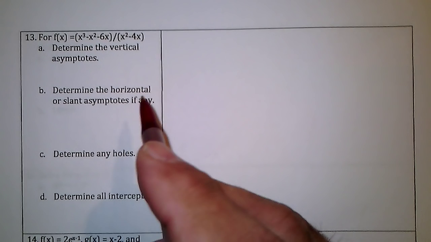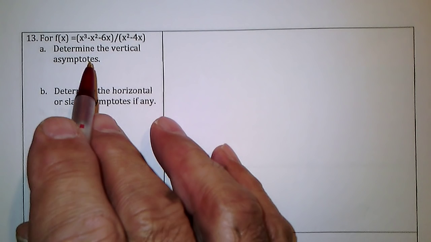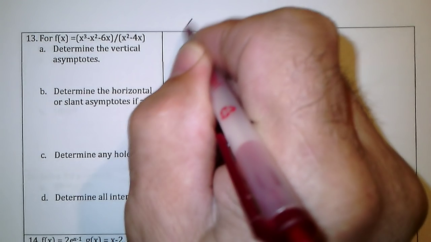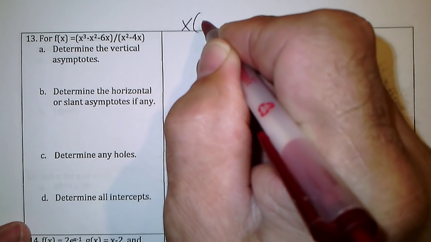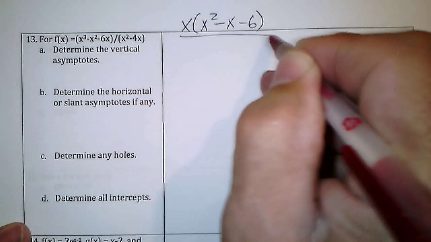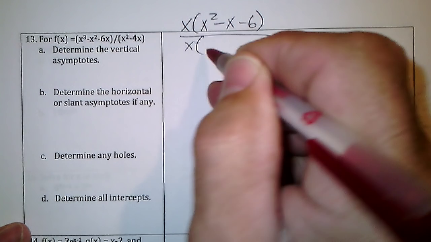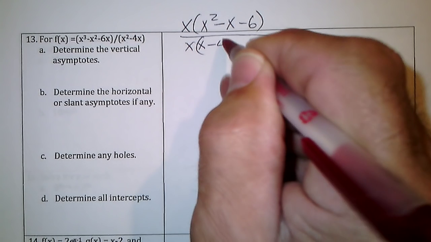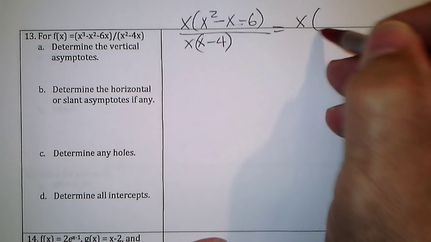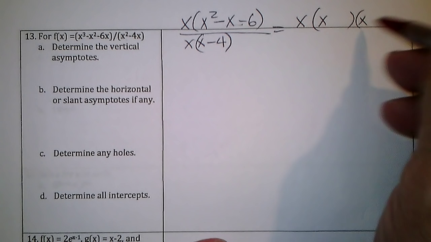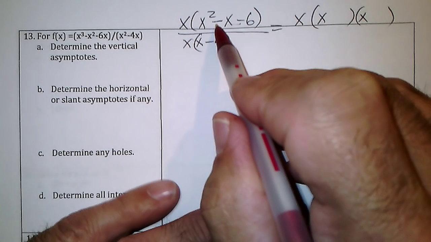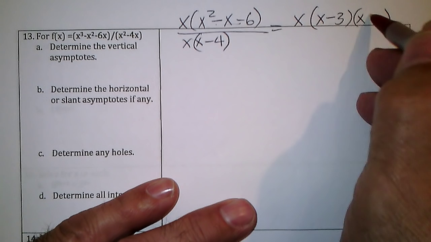Now we're going to determine the vertical asymptotes. So first of all, we need to factor this. There's an x in the numerator, so this would be x times x squared minus x minus 6 over an x in that, and that would be x minus 4. And this should factor, so we get x times x and x, and here we have to get a minus, so we might do minus 3 and plus 2.